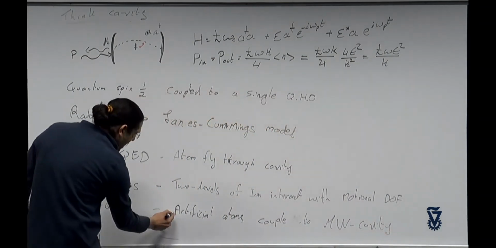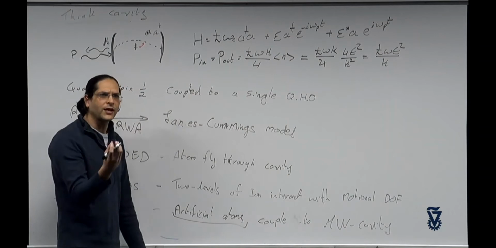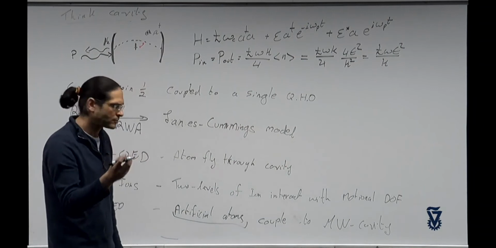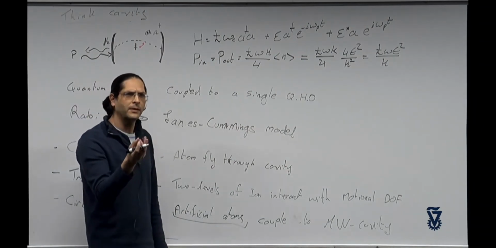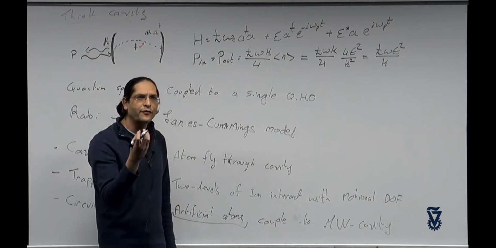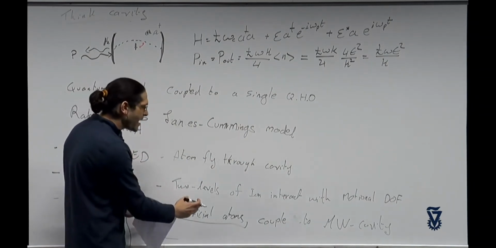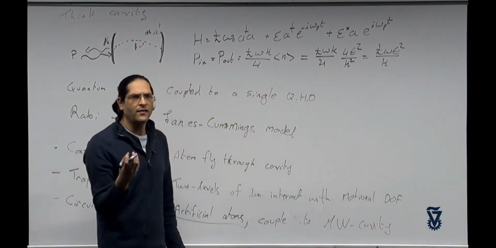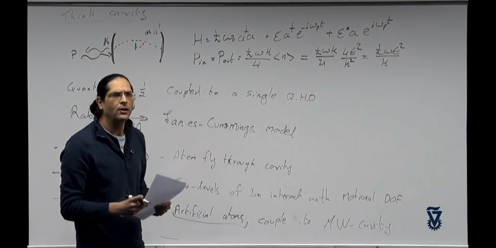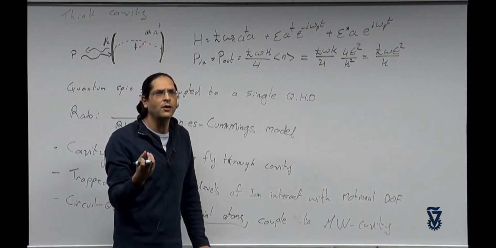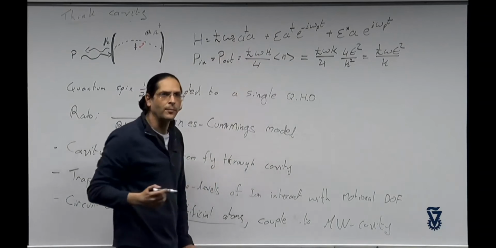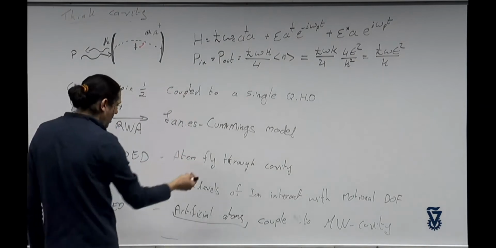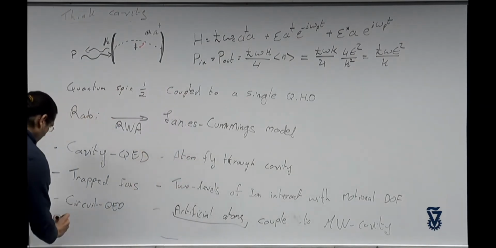These artificial atoms are basically circuits made out of superconductors. These circuits are about millimeter size, but they behave as effective atoms. And these effective atoms are coupled to microwave cavities. The microwave cavity can sometimes be a physical cavity, or it can be another circuit itself, which behaves just like a harmonic oscillator. So the Jaynes-Cummings model that we're going to discuss is good for this system too.